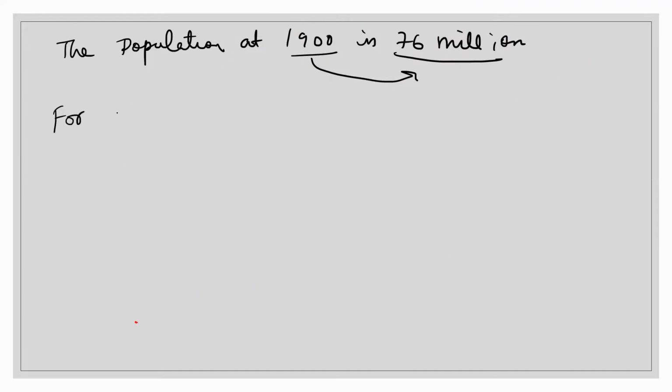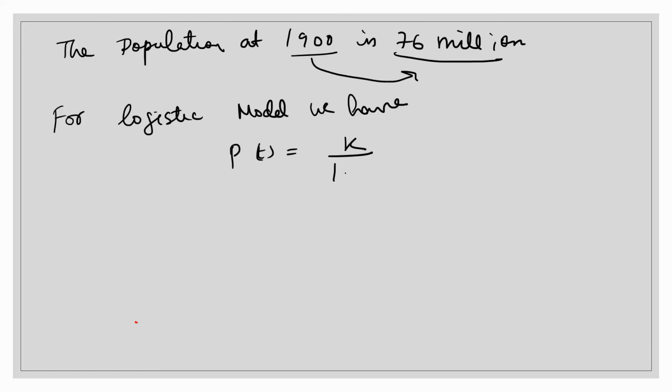So for the logistic model we have Pt is equal to K divided by 1 plus A e to the power minus small kt, and here A is K minus P naught divided by P naught.